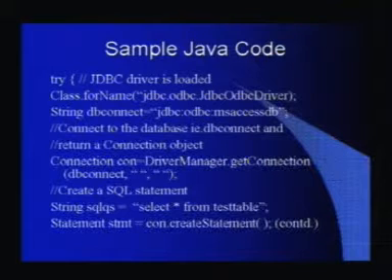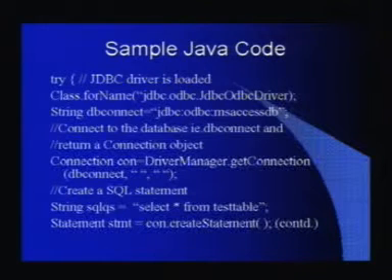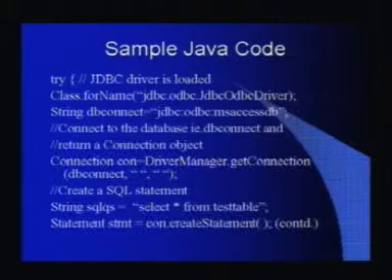So, Statement STMT is equal to con.createStatement. So, createStatement is holding this particular statement with it and we are saying con because con is nothing but an object of Connection. So, the connection is holding the statement readily to execute.